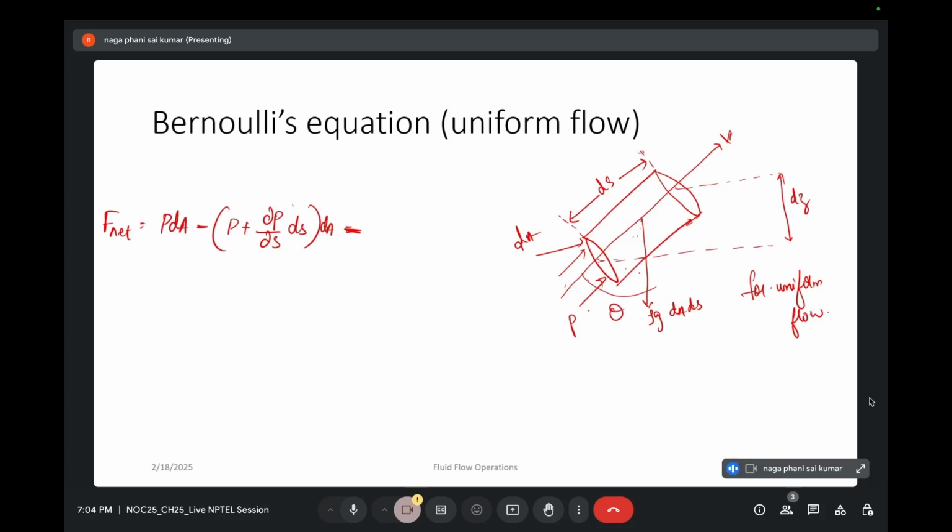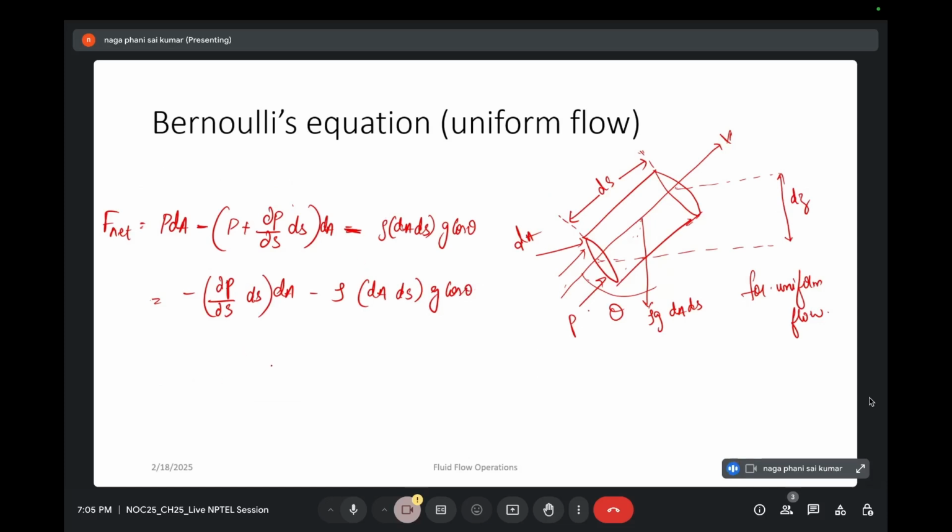This is acting downward, so it will be opposite to the pressure force: minus rho into dA into ds into g cos theta. If you simplify this, we get minus dou P by dou S into ds into dA minus rho into dA into ds into g cos theta.